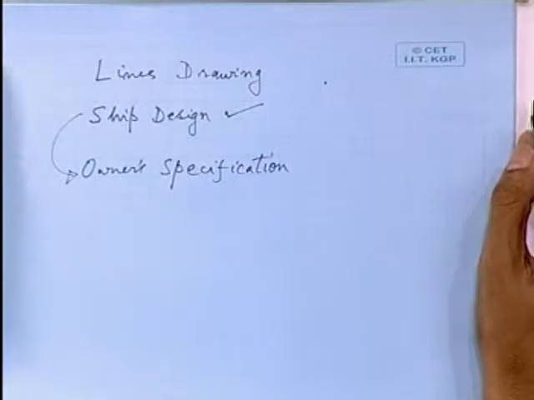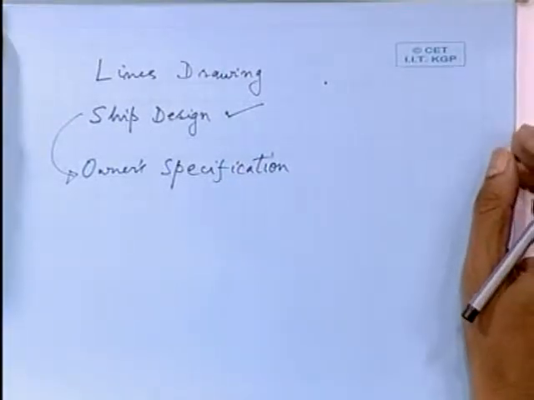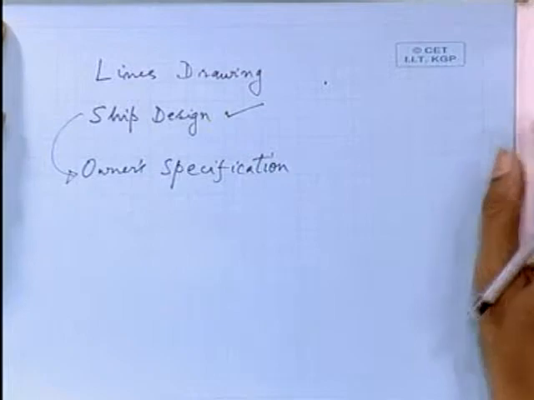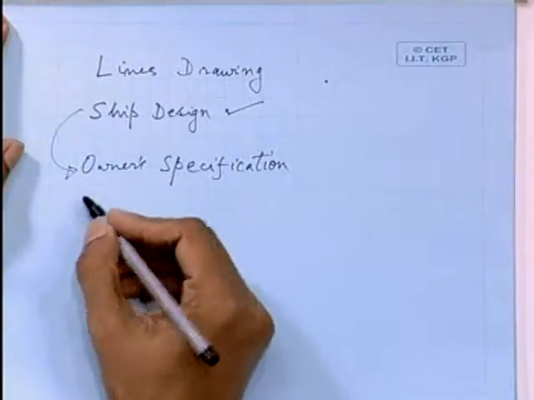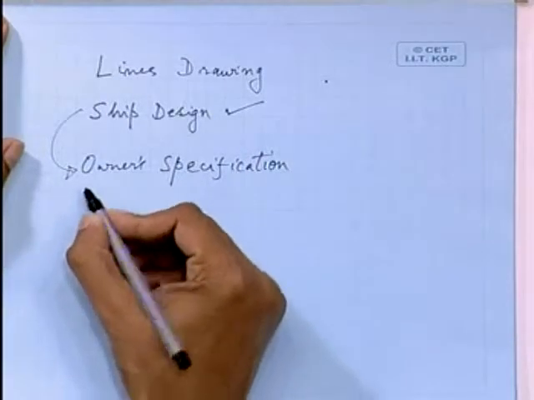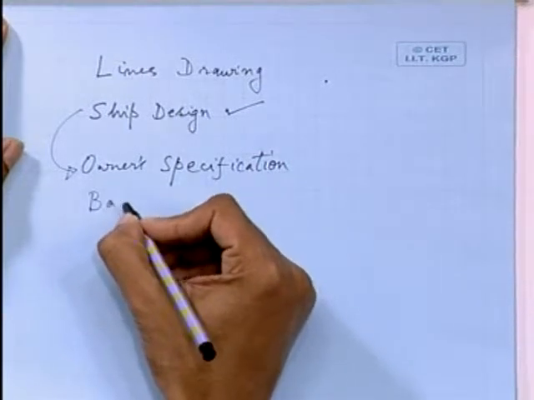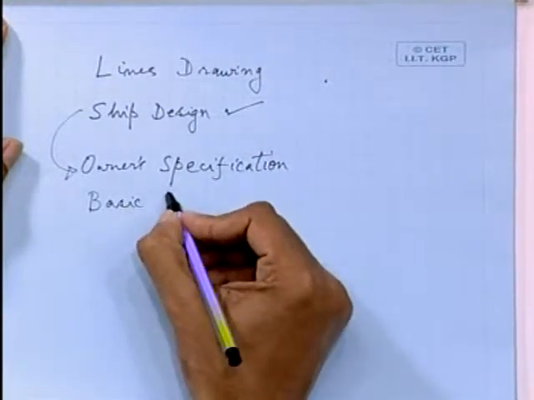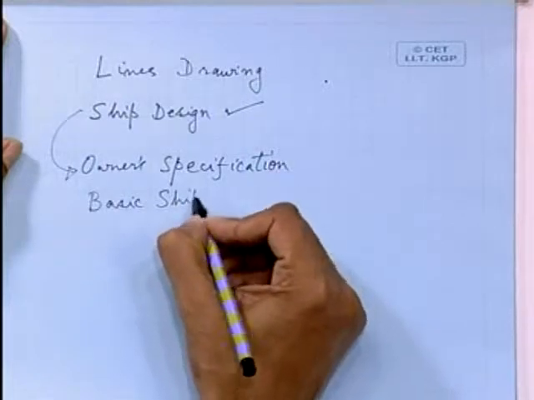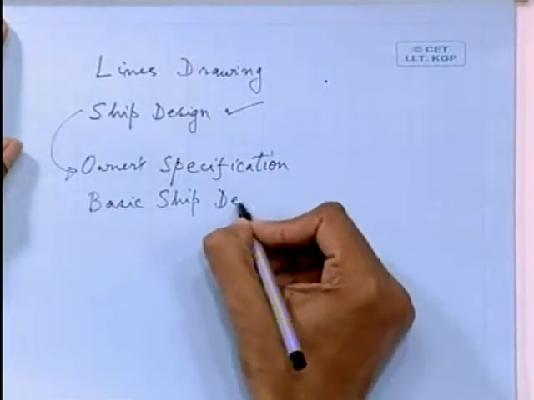Now, in almost all the cases you will find that the previous history of the ship, a number of basic ship designs, are referred to. So, these are very important.